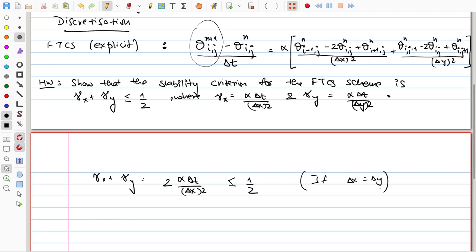So gamma x plus gamma y less than or equal to half means alpha delta t by delta x squared is less than or equal to 1 by 4. So for the same spatial grid size, the maximum delta t you can have is actually smaller in 2 dimensions.